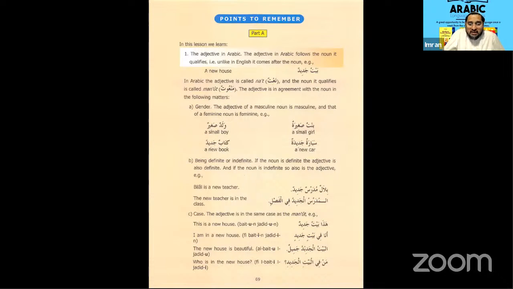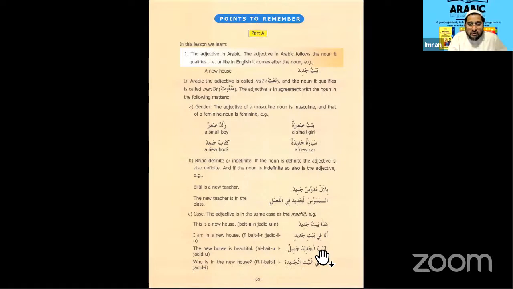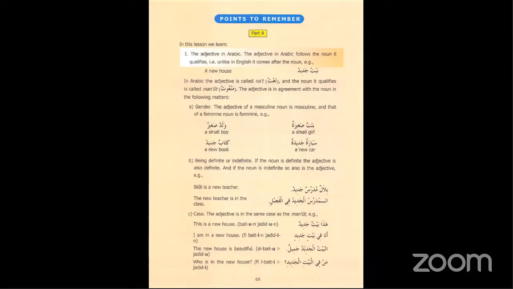As I said, whatever comes after the word 'is' is classified as a predicate. So the new house is beautiful. Here al jadidu is getting a dhamma, whereas before it was dhamma tanween, because alif lam has come with al. Who is in the new house? Man fil baytil jadide.